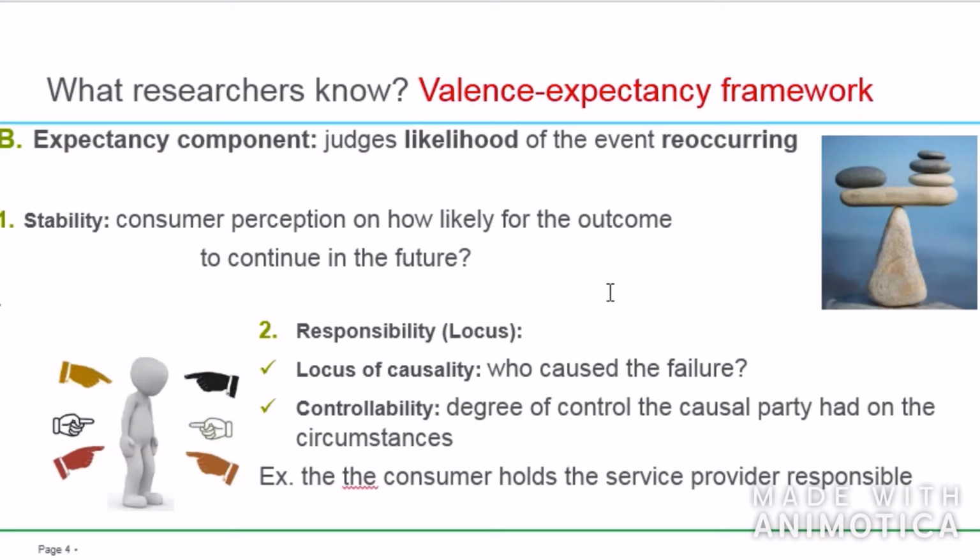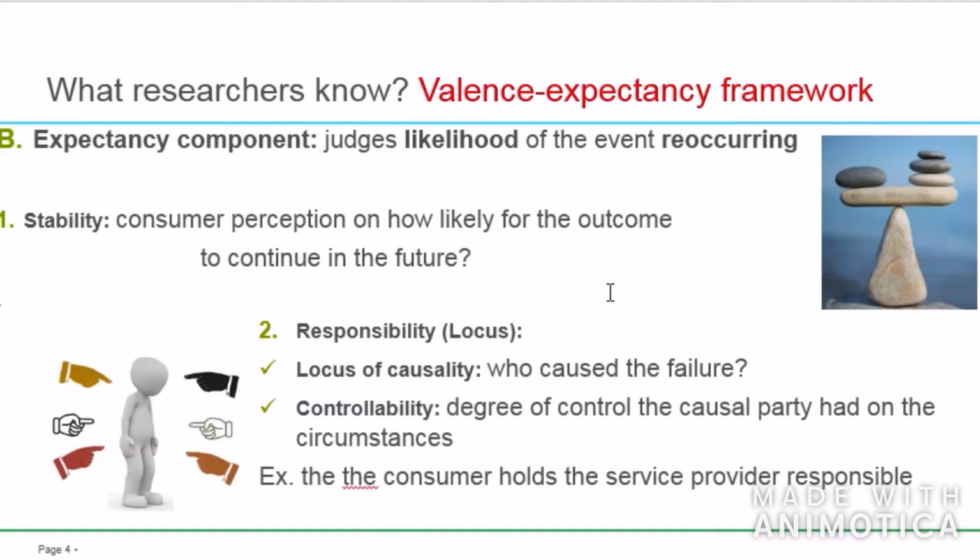Let's take a small example. You lose internet and you think, is the service provider responsible or not? Let's say that you lose internet in the middle of a storm. In this case, you will think that the service provider does not have control over the weather and therefore may not be responsible for the internet being cut.